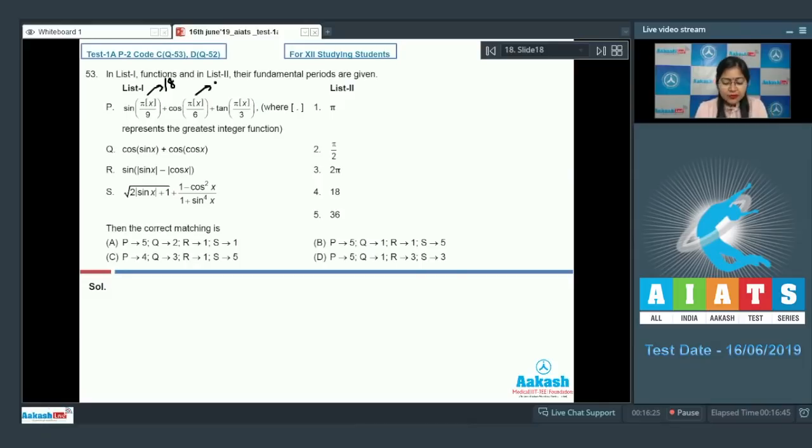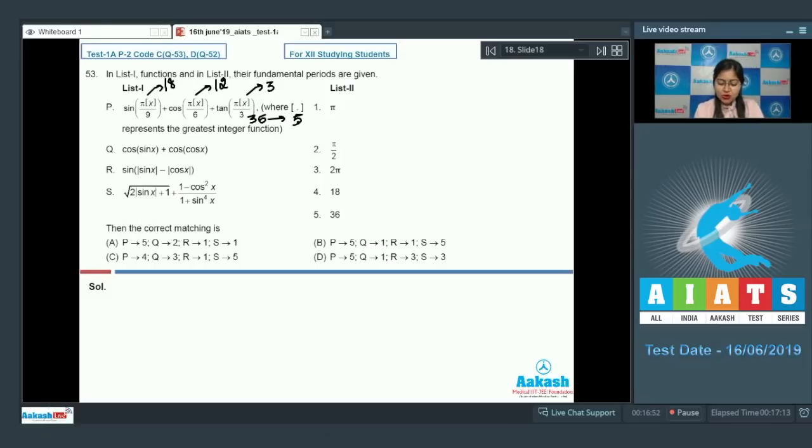Similarly, here if I replace x by x plus 12, then we will get the same function. So its period is 12, and for this its period is 3, right? So to find the period of the whole, we will take the LCM of these 3, and that will be equal to 36. So the correct answer will be option number 5.